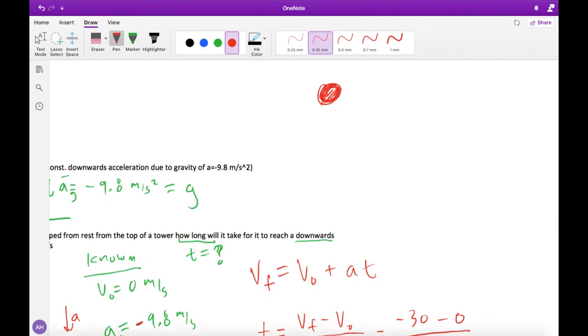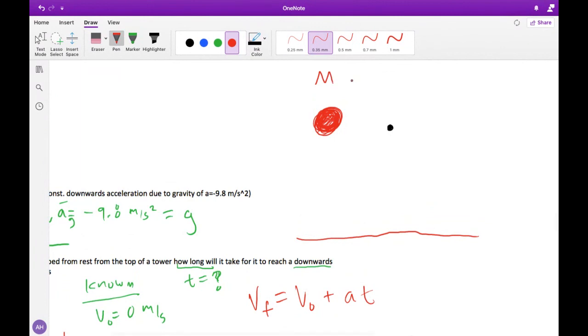Let's say we have a bowling ball, a big ball, dropped from some height, and next to it we also drop a tiny golf ball, where the bowling ball is way more massive than the little golf ball, but they're both dropped from the same height. If we drop both of these, bowling ball and golf ball, from the same height, which one would hit the ground first?